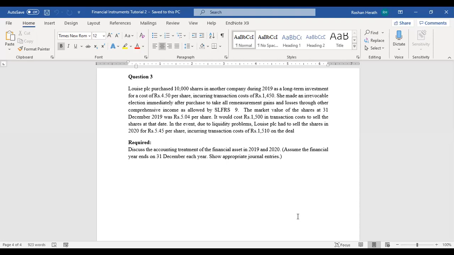Requirement: discuss the accounting treatment of the financial asset in 2019 and 2020. Okay, it's a comparatively easy job, but there's one little tricky point. But if you get them clearly, yes, you can manage it.